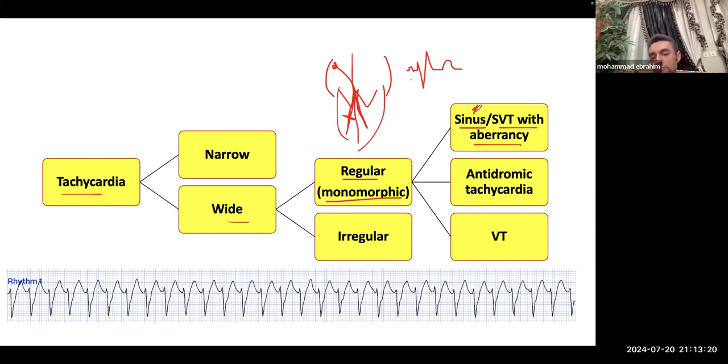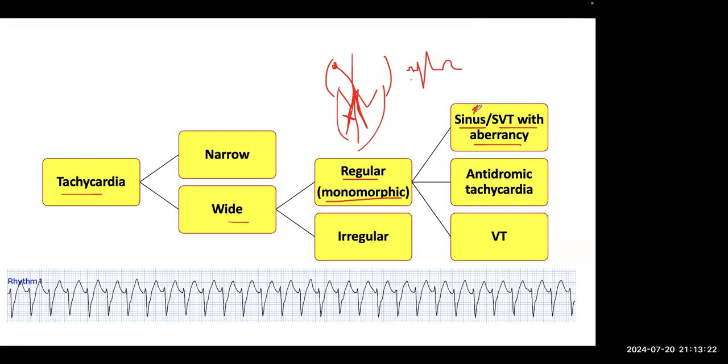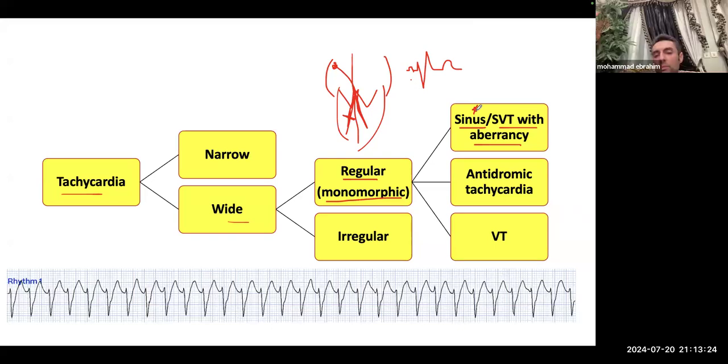Understood? If this patient became febrile, his sinus rate would go up, so he will have sinus tachycardia, but it would not be narrow complex, because his baseline QRS is wide. It is sinus tachycardia with wide QRS because he has intrinsic bundle branch block, for example right bundle branch block.